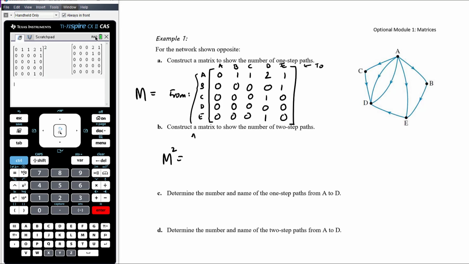Okay, so again, I'm just going to annotate it so we can be clear about what we've got. A, B, C, D, E. So we've got 0, 0, 0, 0, 2, 1. We have 0, 0, 0, 1, 0. And then everything else is zeros.